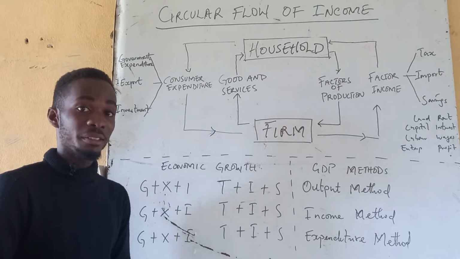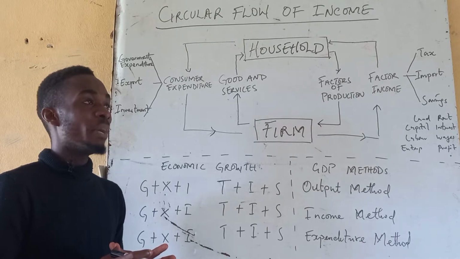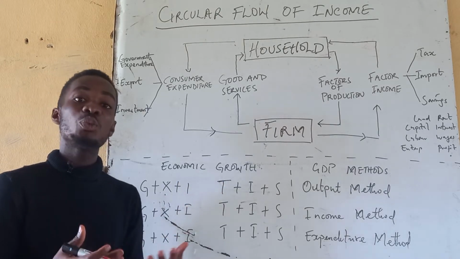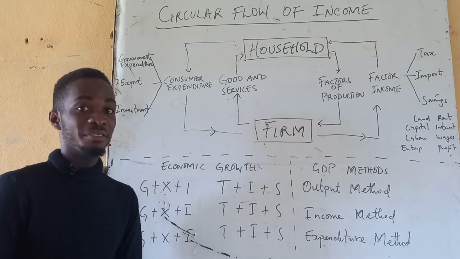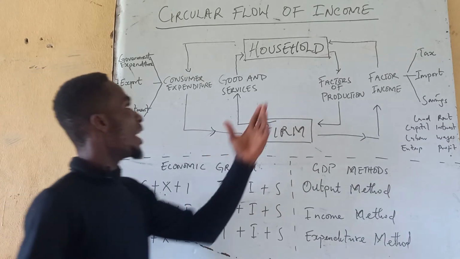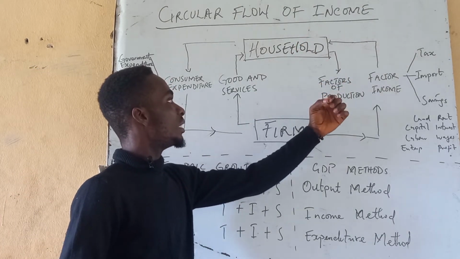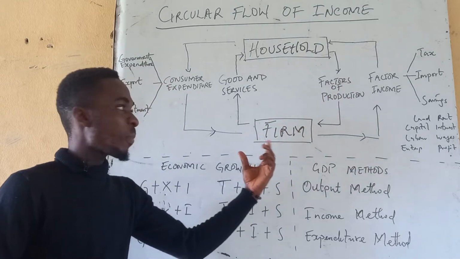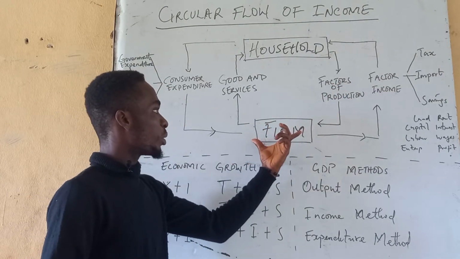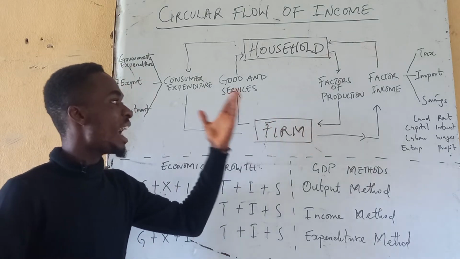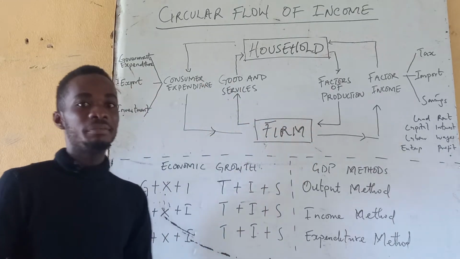If we combine just the household and the firm, we have a two-sector model, as simple as that. This is where it begins. We have the household supplying factors of production to the firm, and these factors of production are in the form of land, capital, labor, and the entrepreneur.